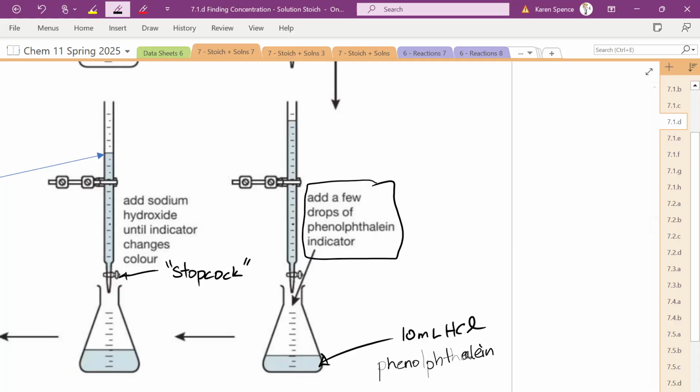Well, why do you think a cock is called a cock? It's called a cock because it lets out liquid. That's where it came from. It's true. And I'm sorry, that is what it's called. You can call it the valve if you prefer. If you're like, I do not want to call it a stopcock, that's fine. But that's what it's called.